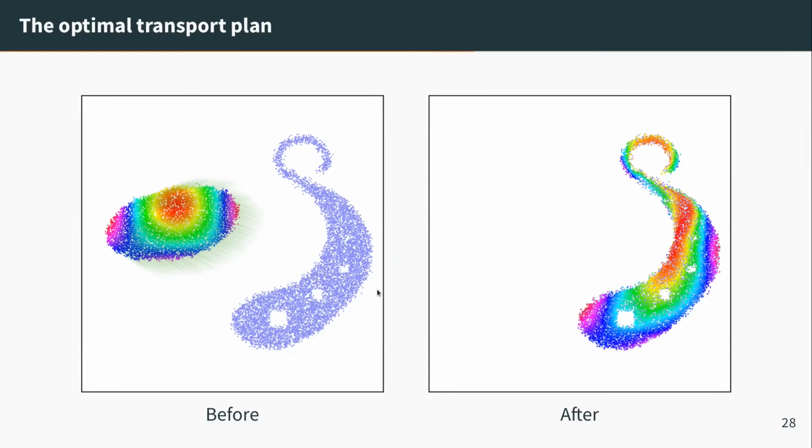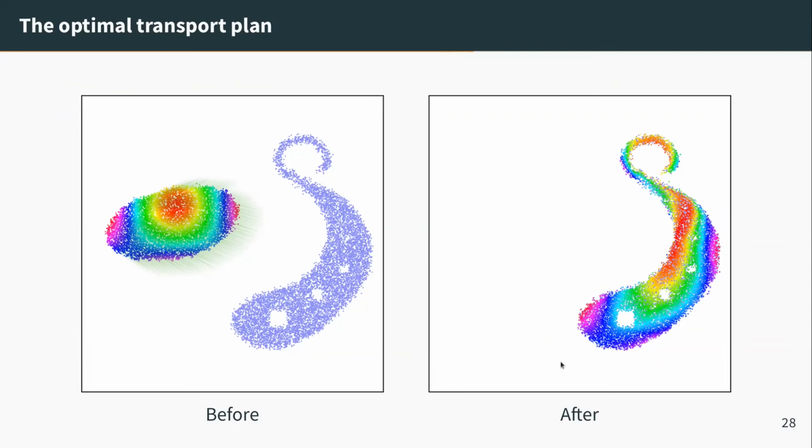And to display the optimal transport coupling, I show you the target of every point using a color scheme. So what you can see on this image is that this point gets sent here, the red points get sent here.